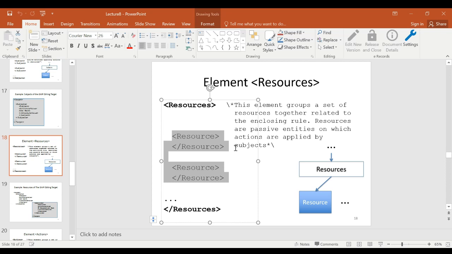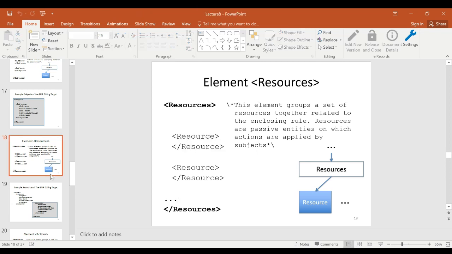Okay, so you may want to say that the current rule I'm writing applies not just to my printer, but applies also to my local server, to my web server, all my laptops in the department, and in fact any other resource that you want to protect under the same rule and under the same policy. And so therefore the element resources as a result allows you to include any number of individual single resources in the policy.